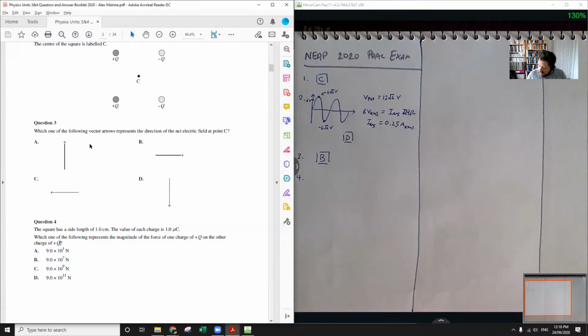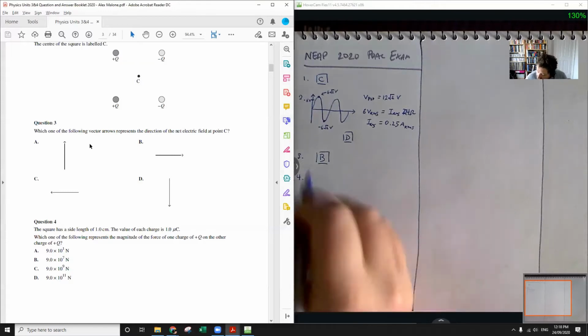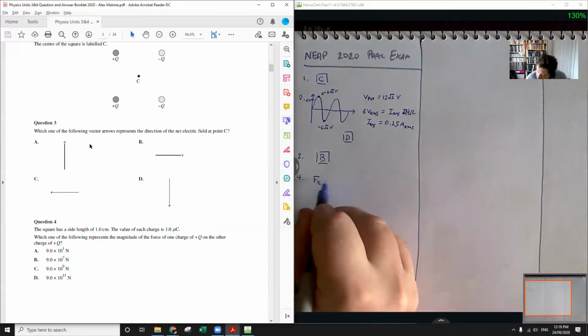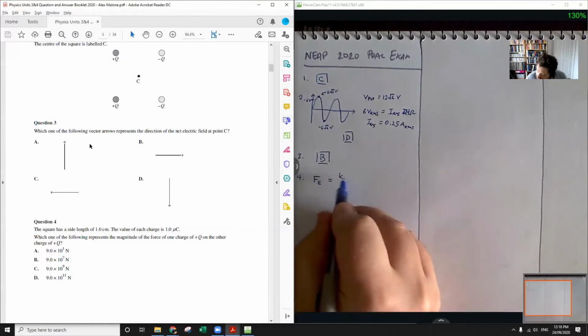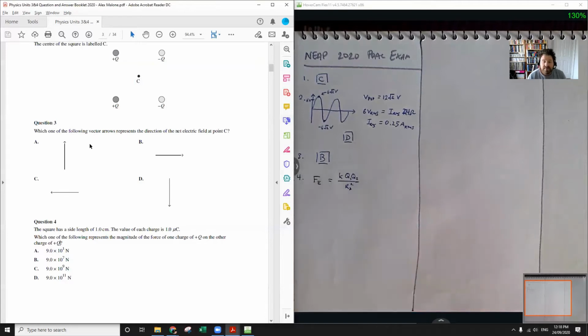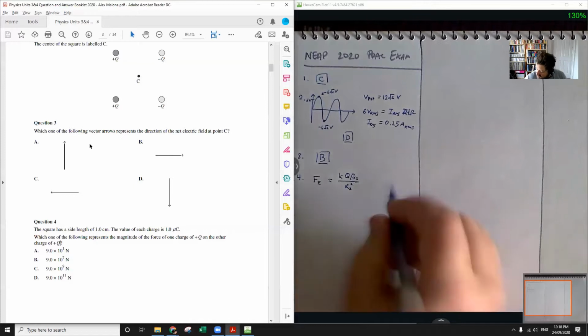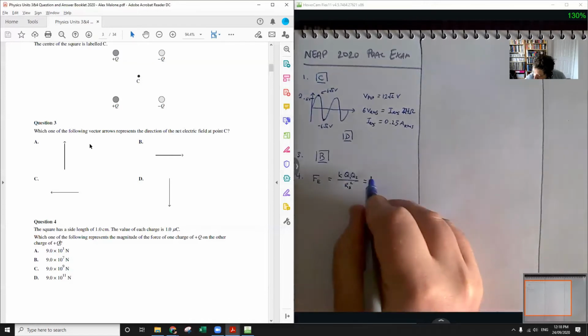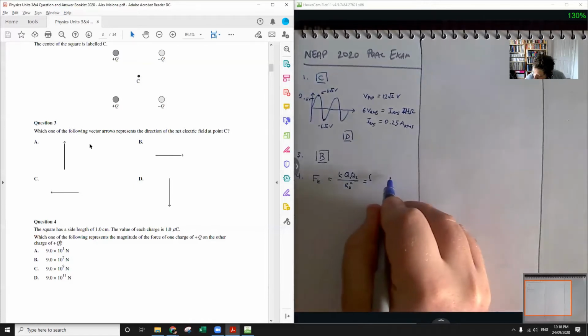Okay, so if we want to find electric force for point charges, not for plates and stuff, but for point charges, then we use Coulomb's law. So the electric force is equal to K Q1 Q2 over, not R2, R squared. So we've got an inverse square law. And then our Q's here, we'll put aside what K is for the moment.